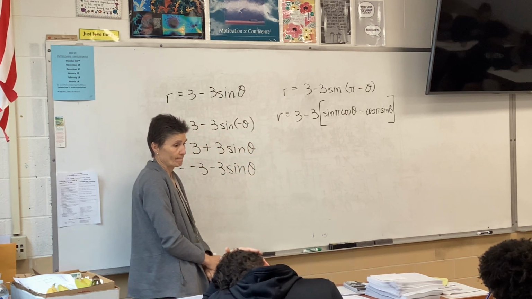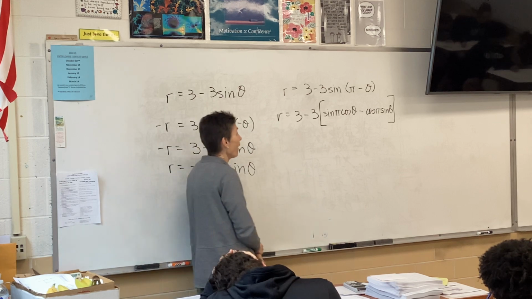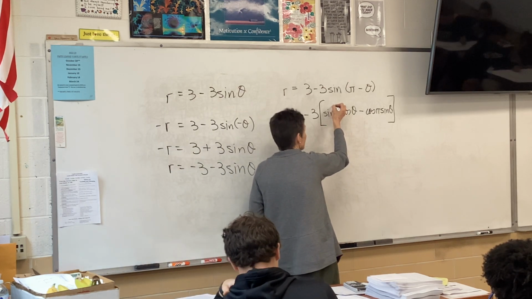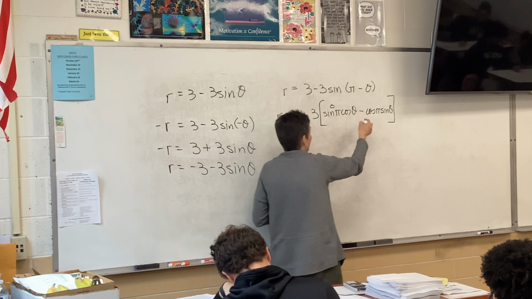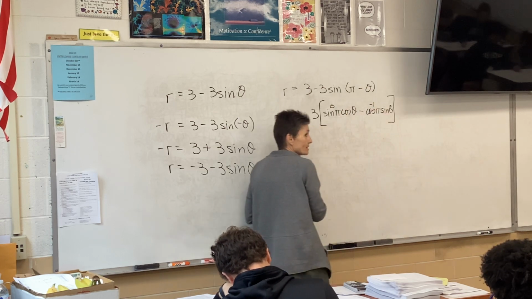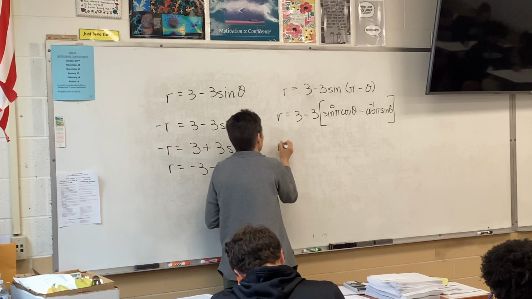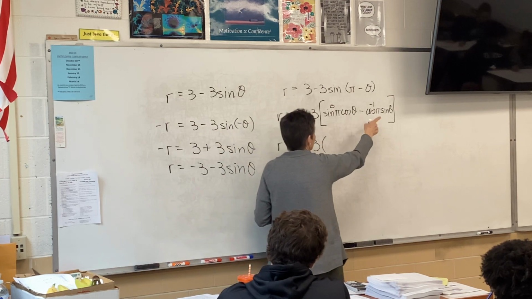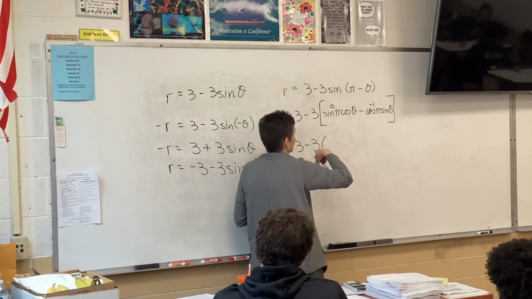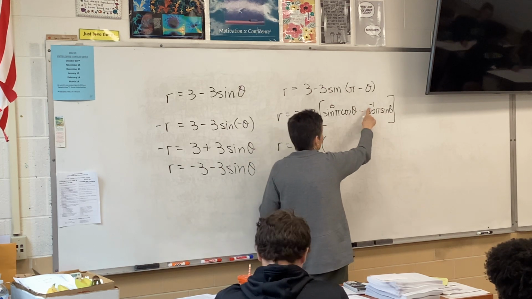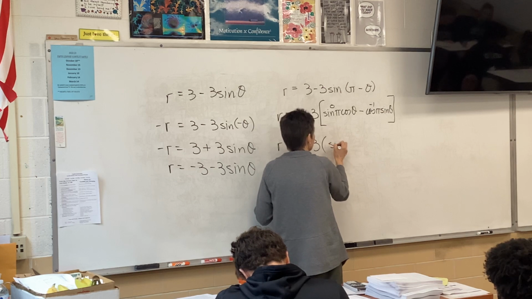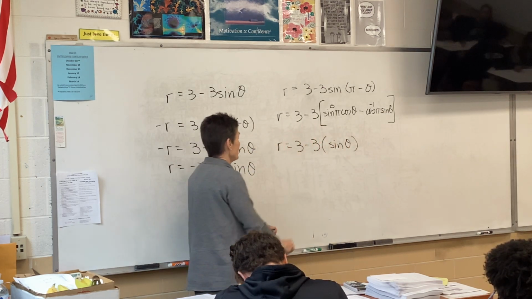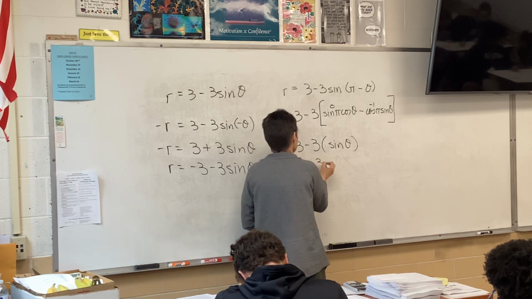And it's pi again. So sine pi is 0, and cosine pi is -1. So r equals 3 minus 3 times what? What's left in here? Positive sine. Actually, just positive sine theta, that's all that's left inside that bracket. So r equals 3 minus 3 sine theta.